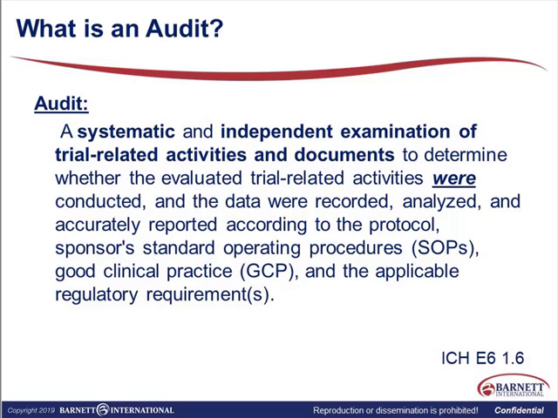Quality assurance. An audit is a systematic and independent examination of trial-related activities and documents to make sure that we have met our regulatory obligations, to make sure we do have credible data from protected subjects. And you'll note even ICH posits it as a retrospective process. With quality by design, we're throwing the QA piece in there earlier.